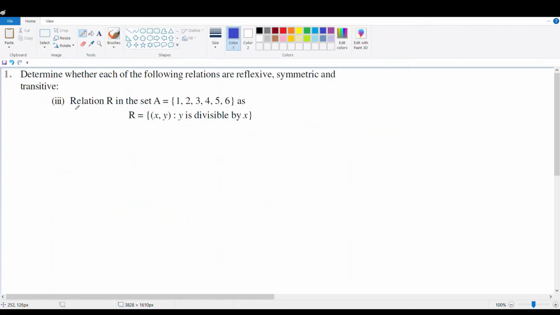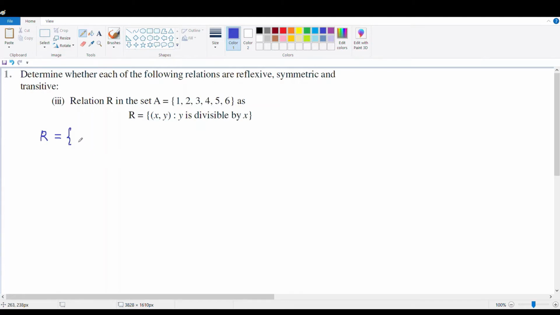Number 3, relation R in the set A equals 1, 2, 3, 4, 5, 6 as R equals x comma y, where y is divisible by x. Let's try to see which kind of elements are going to be there in this set R. Now y must be divisible by x. So that means we can take 1 with any number because any number is divisible by 1.